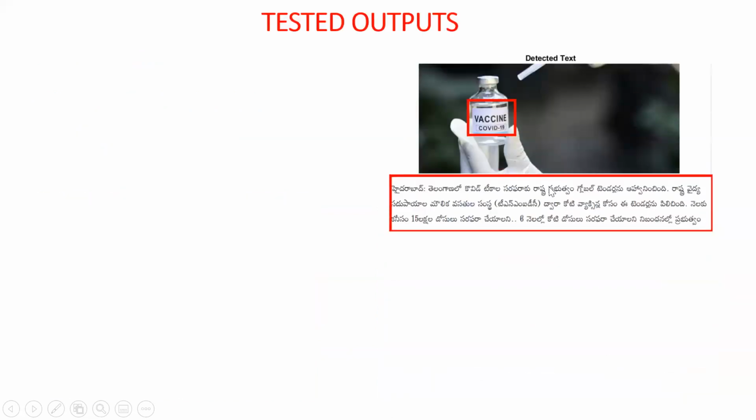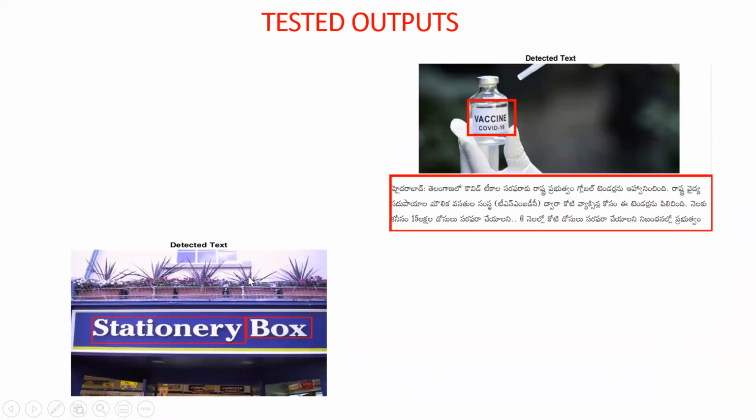We have tested some outputs on some images. This is one of the input images. This is a newspaper. Here we have taken some newspaper cuttings and applied this same algorithm. We got this output. And this is another image, a natural image.